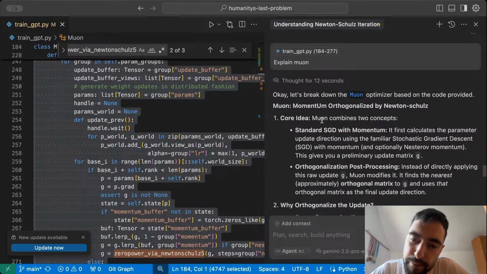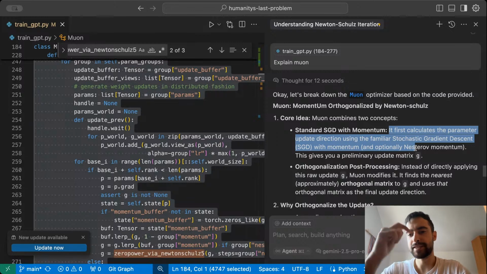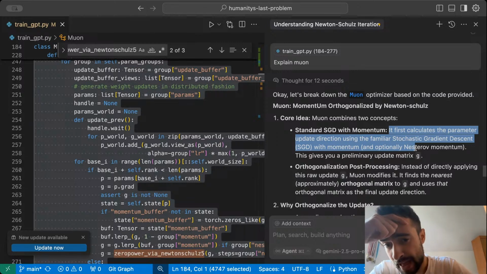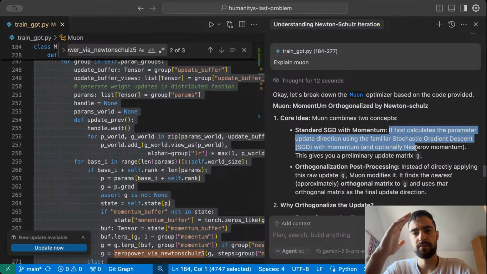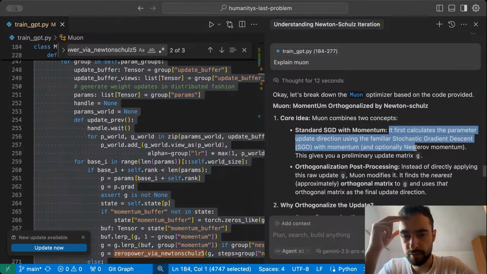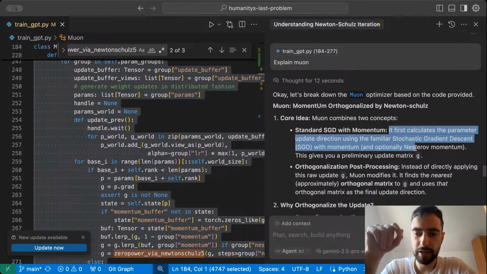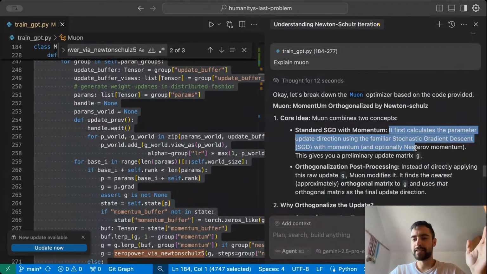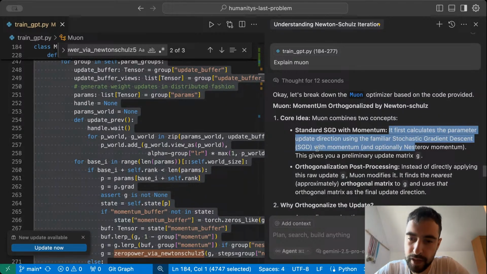Core idea. Muon combines two concepts. Standard stochastic gradient descent with momentum. So that's the first concept. It first calculates the parameter update direction, so the gradient, the classic stochastic gradient descent with momentum.